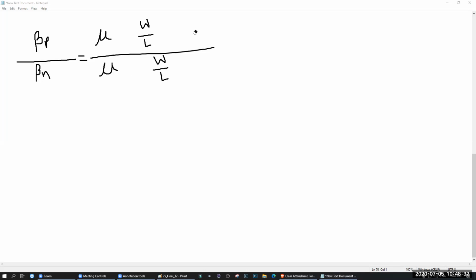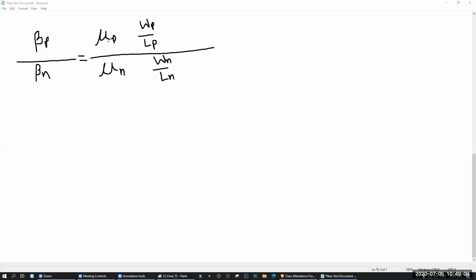Okay? Now, which one is unknown? These are not the same. These are different. So we can call it beta P: mu P, W P, L P. And we can call it mu N, W N, L N. Now here, mu P and mu N depend on the characteristics of electron and hole, both of them.